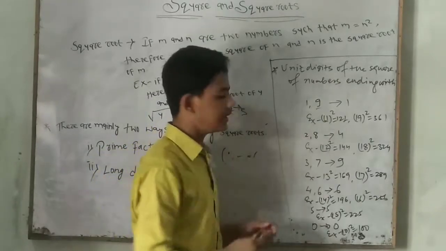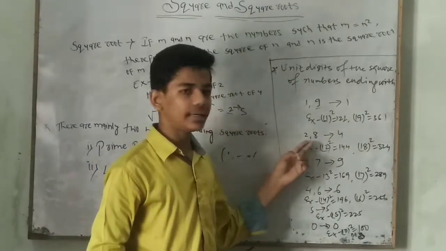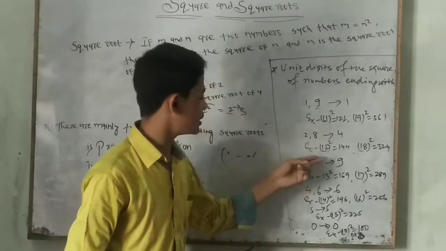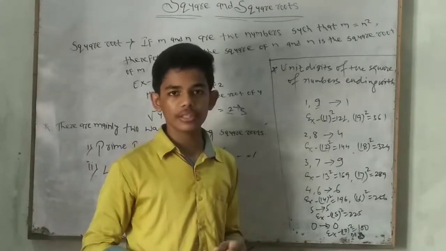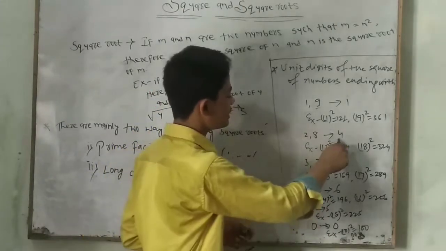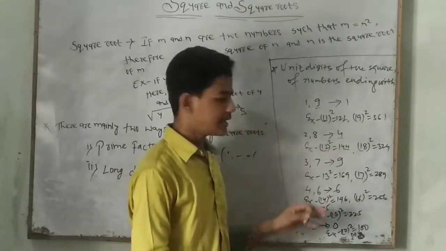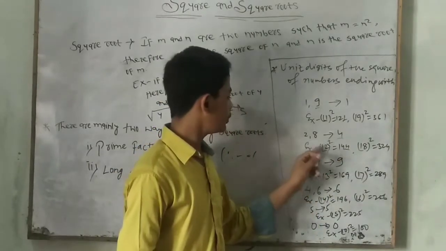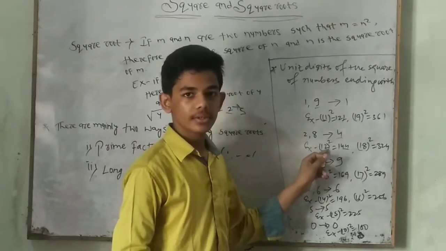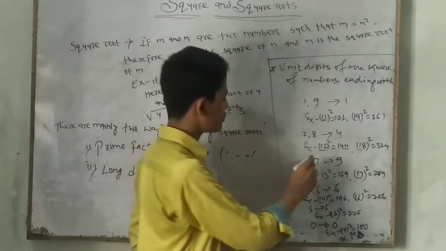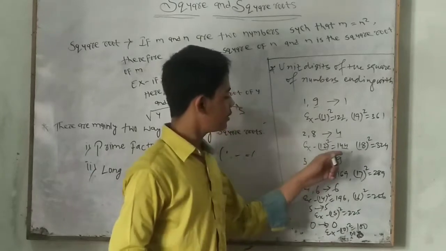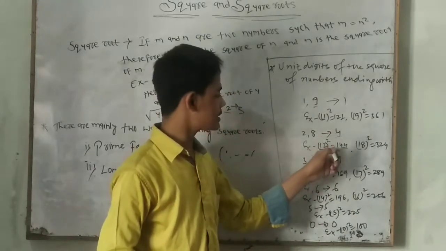Now if 2 and 8 are at the unit place in the question, then in the result the unit digit will be 4. As in 12, the unit digit is 2, and in the result 4 will come.